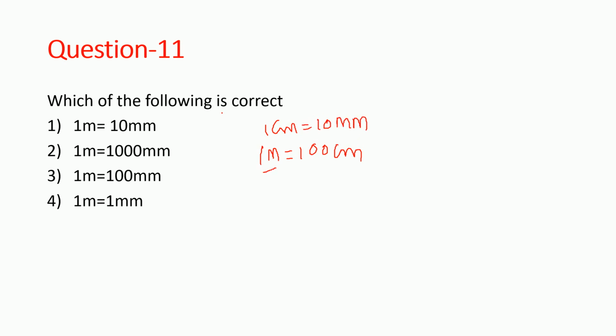So he is asking about meters, then 100 into 10 equal to 1000. So 1000 millimeters equal to 1 meter. In this option they have asked 1 meter equal to 10 millimeters and 1 meter equal to 1000 millimeters. So option 2 is the correct answer.